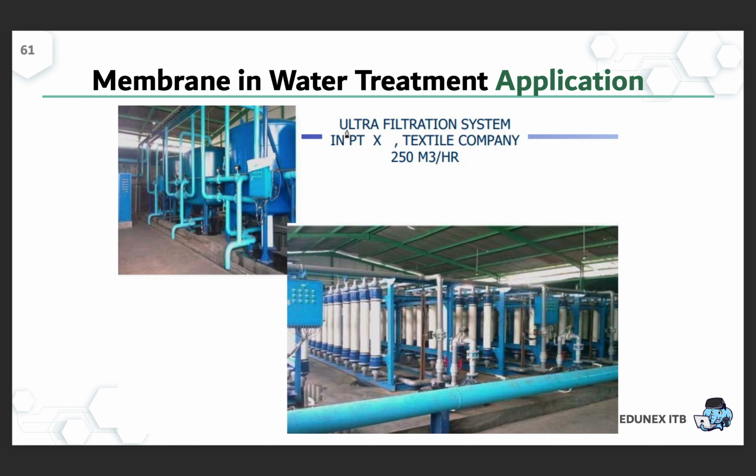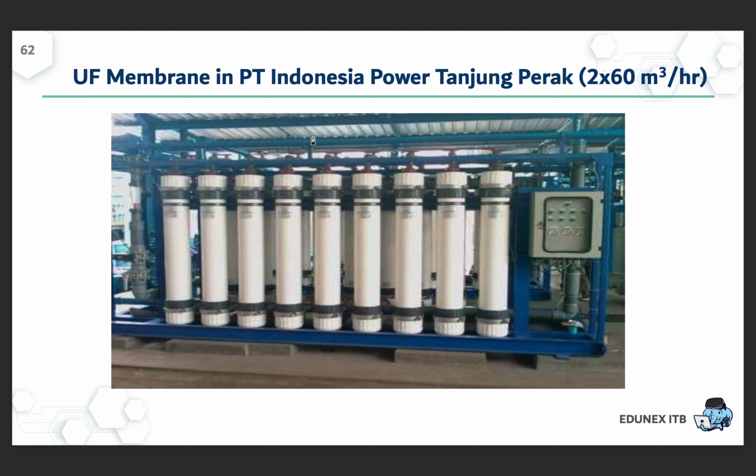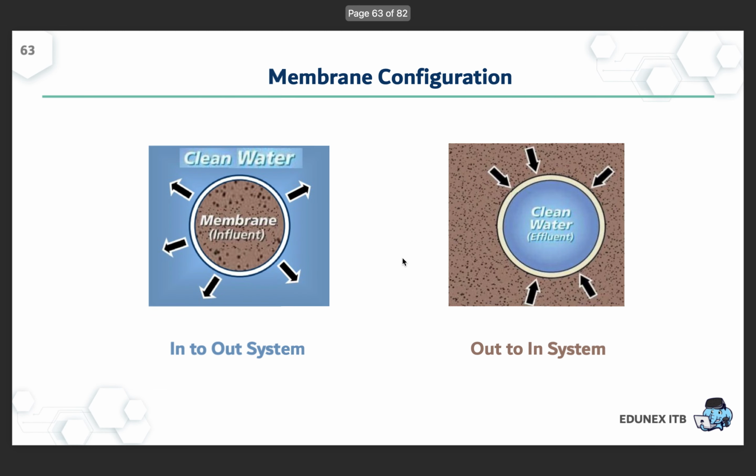One of the treatments can be a water filtration system. This is the ultrafiltration membrane in Indonesia Power Tanjung Perak as well. This is to treat the water that will be further used to generate electricity.